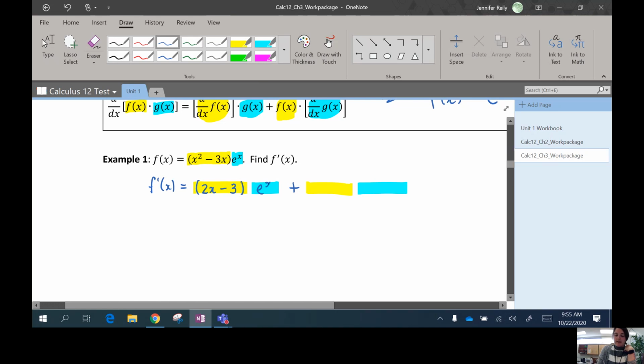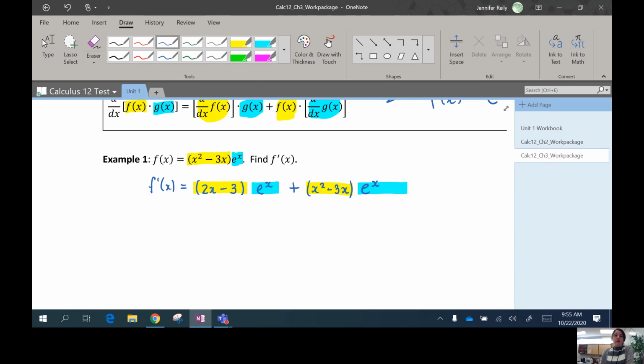We leave the e to the x alone, and then for the second part, we leave the x squared minus 3x alone, and we take the derivative of e to the x. Now, the derivative of e to the x we just learned is also e to the x. And there you go, you're finished. That's the product rule, so that's the derivative. You don't need to simplify any further.